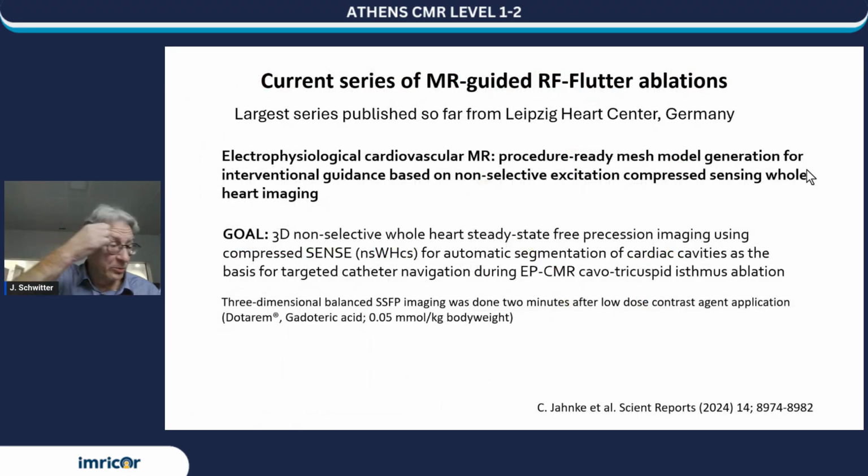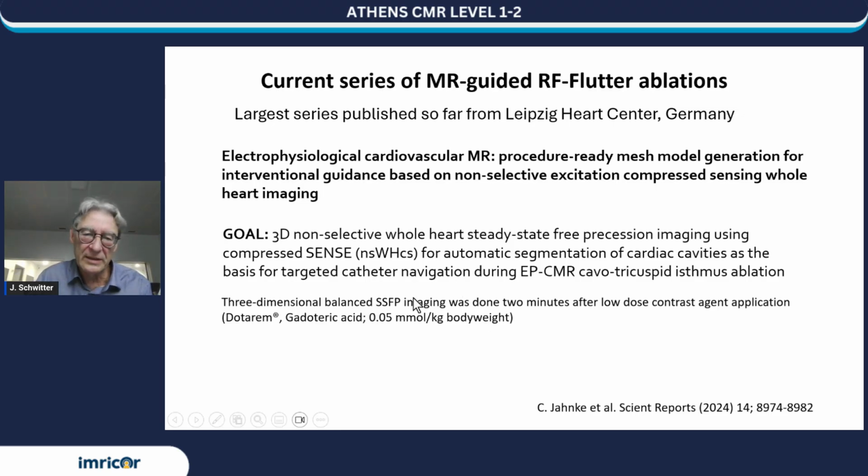And then I want to show you this study also from Leipzig, because they included also more than 40 patients in this study. This study was published primarily to show how you can acquire the 3D map of the heart that you use then to generate the mesh, and on this mesh you can then orient your interventions.